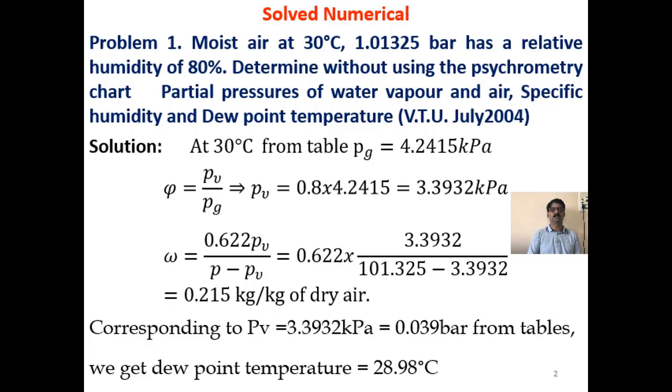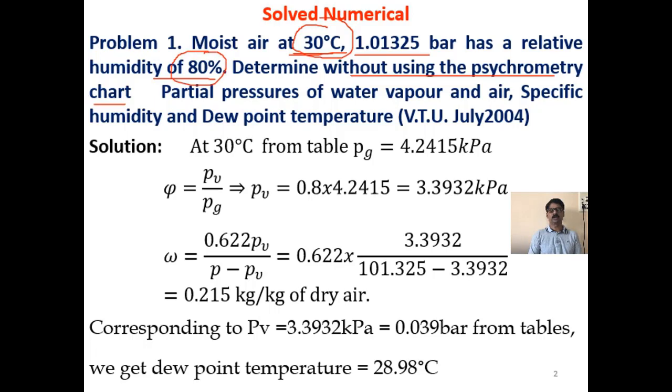So here you are given air temperature and its pressure. Pressure of the air is 1.01325, that's atmospheric pressure, and temperature is 30 degrees Celsius, and its relative humidity, RH, denoted by phi, is 0.8 or 80%. Now one condition is given, so you have to solve this problem without using the psychrometric chart, because if you use a psychrometric chart, this becomes DBT and this becomes RH.